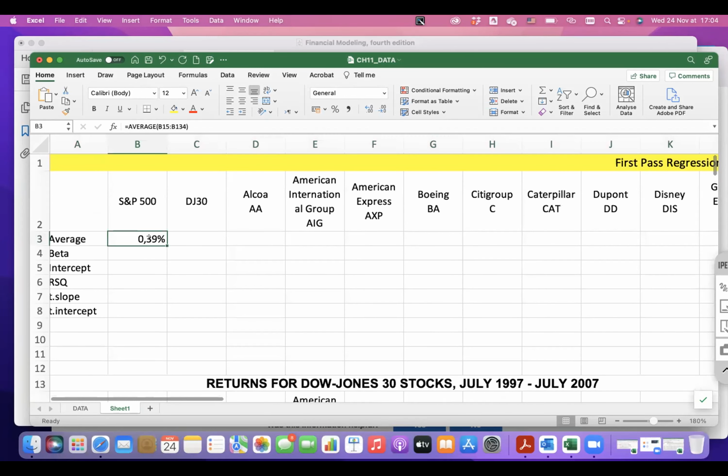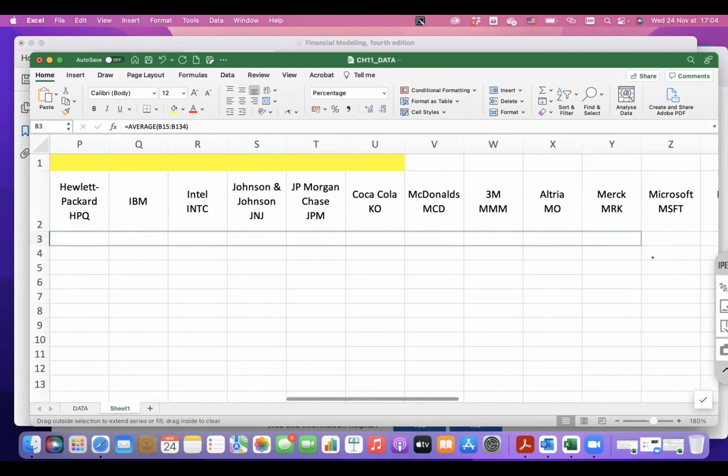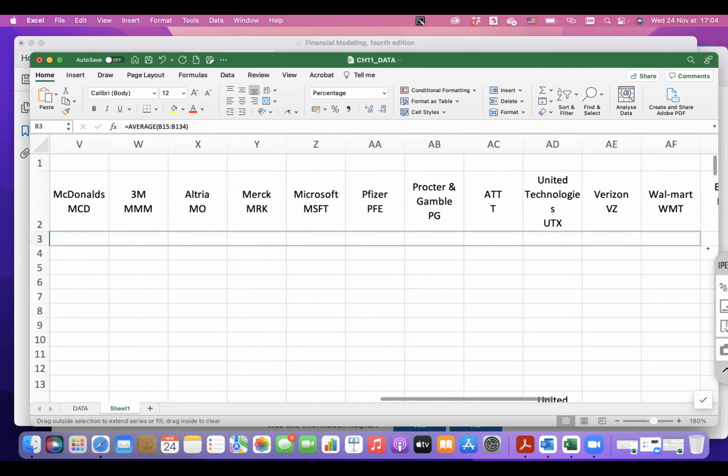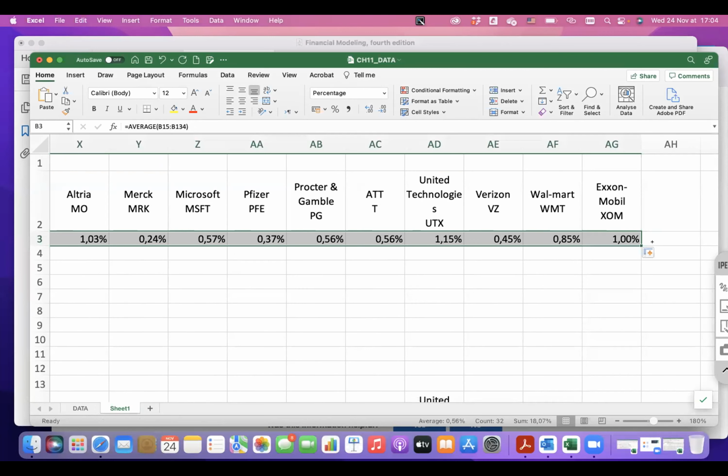Then we scroll to the right hand side and you'll get the returns for the other individual stocks.